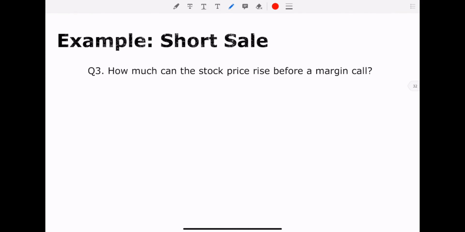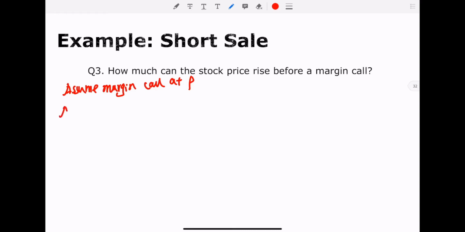Okay, let's look at the third question. How much can the stock price rise before a margin call, right? So let's assume you will get your margin call at price P. The approach we will use here is still the balance sheet argument, right?